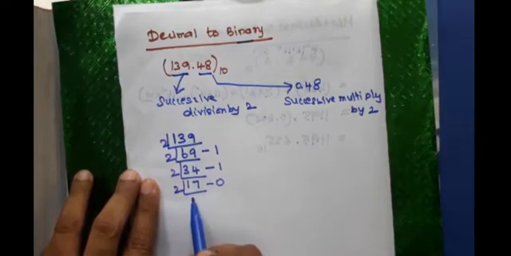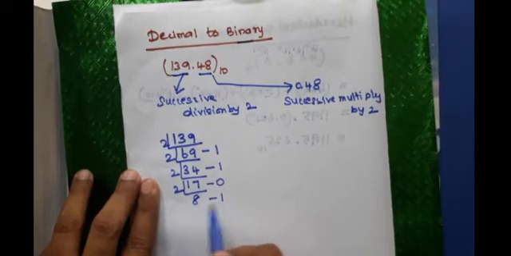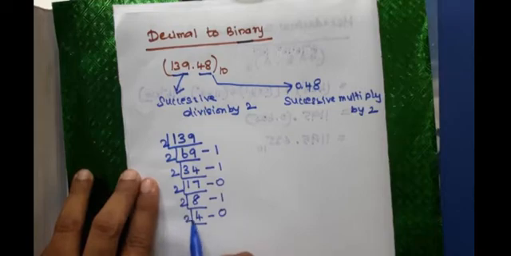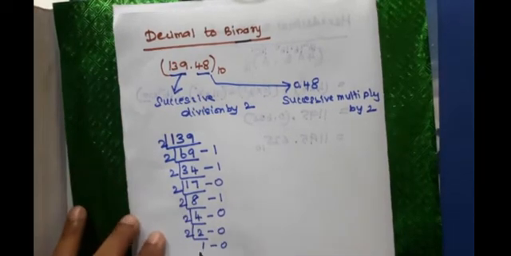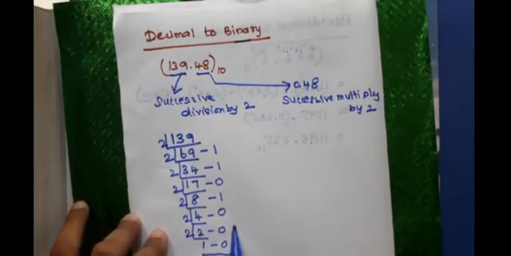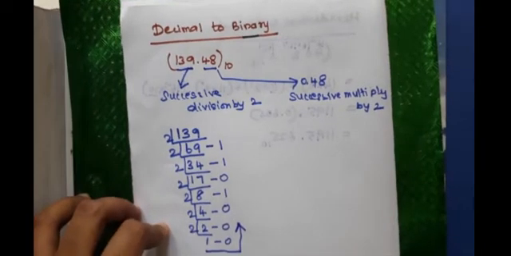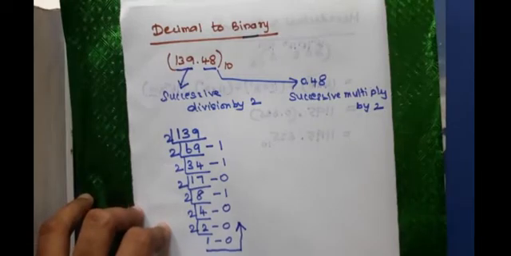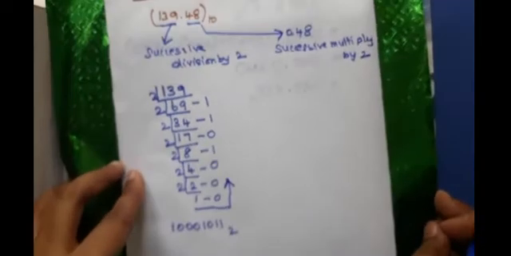Divide by 2 again, 8 2s are 16, so the remainder is 1. 4 2s are 8, remainder is 0. 2, 0, 0. And further I cannot divide anymore, so I am stopping here. I travel from bottom to up to write all the numbers that I have obtained. So 1 0 0 0 1 0 1 1 is the binary equivalent that is obtained.